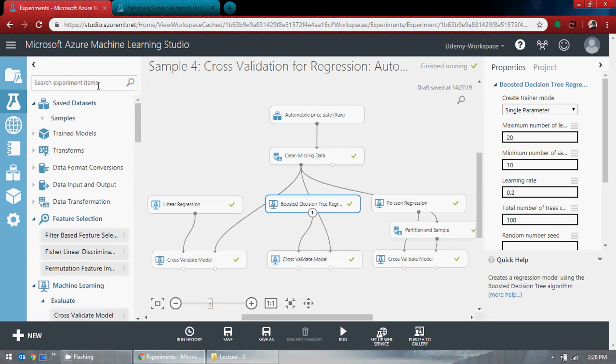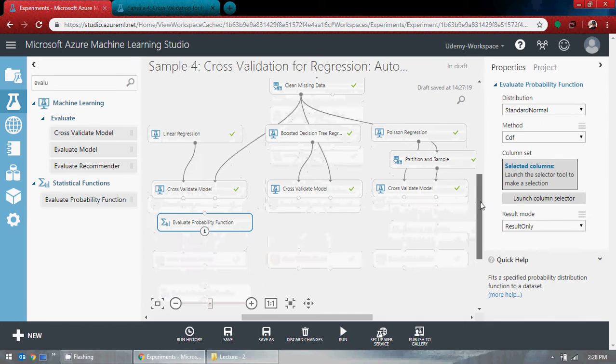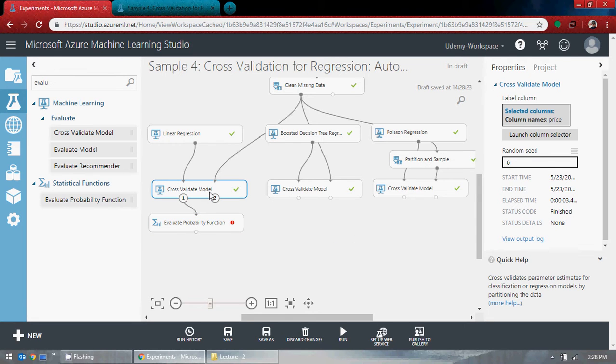Okay, so what we'll use here is evaluate model. You know what? I'll use a different thing altogether. Why don't I use this, the evaluate probability function? I'm not sure what this does, but alright, so let's see what columns.